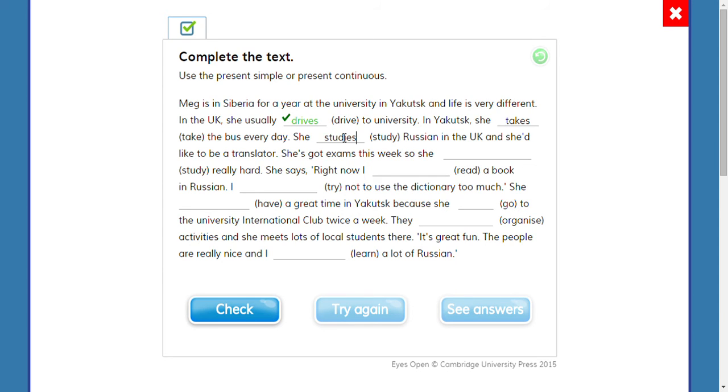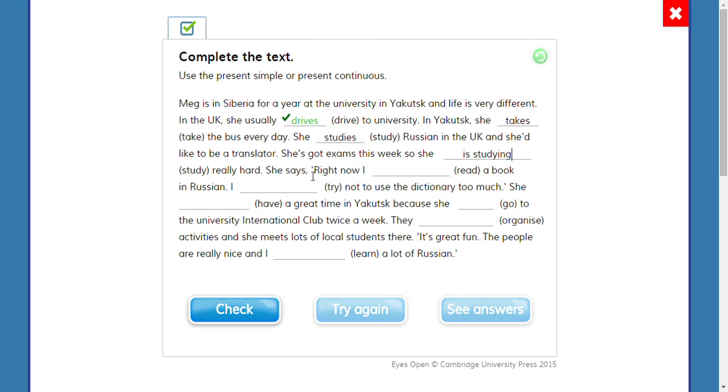She studies Russian in the UK and she'd like to be a translator. She's got exams this week, so this week, it's a period of time. She's studying, no? She's studying really hard.